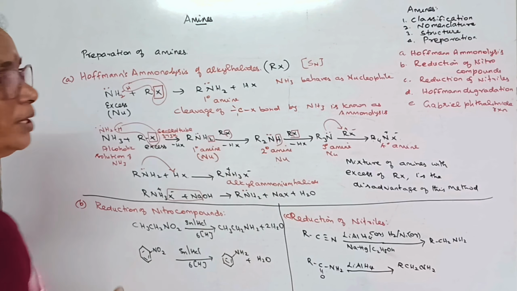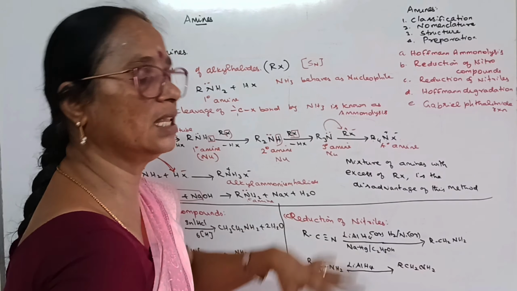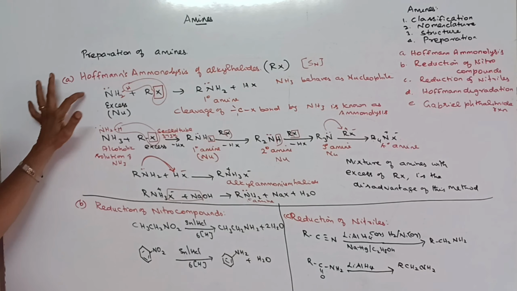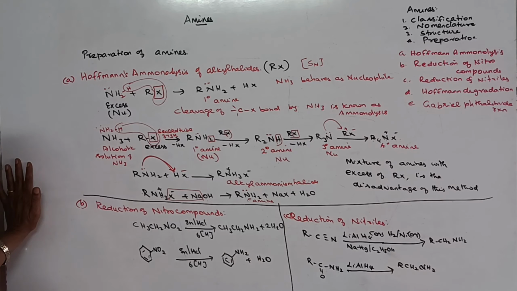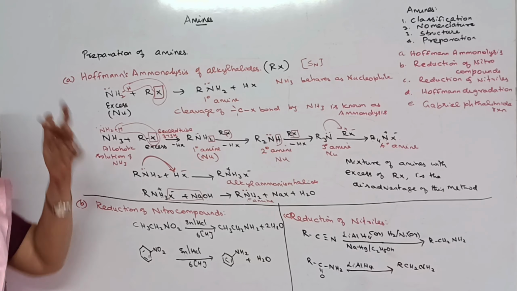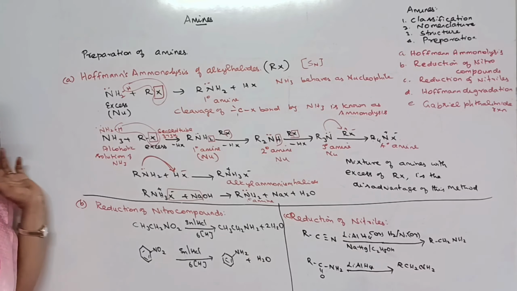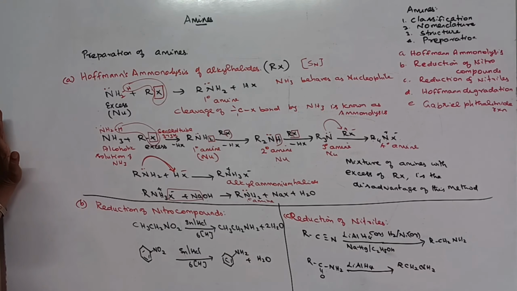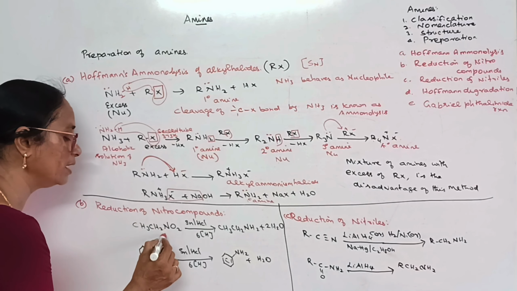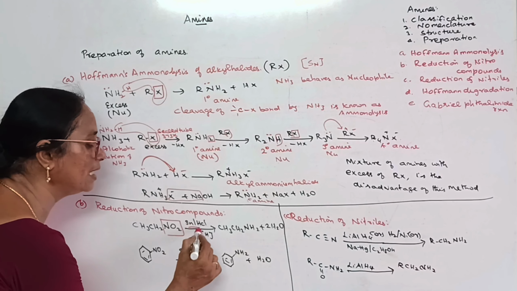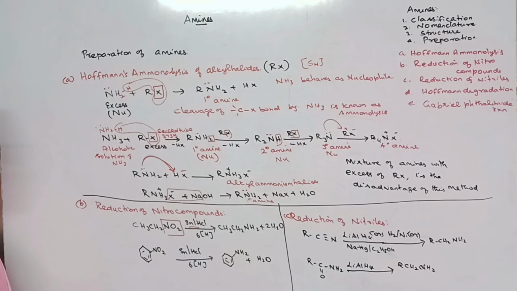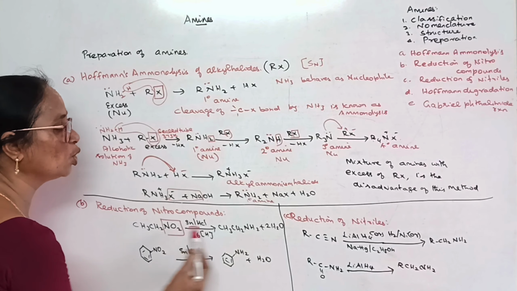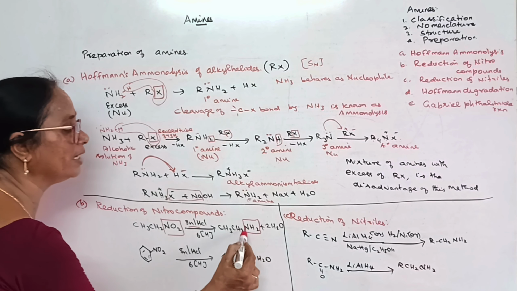So we can prepare either a primary amine or even a mixture of amines, depending on the reaction conditions. The next one, reduction of nitro compounds, which we already discussed in nitroalkanes and nitroarenes. If the nitro compound is reduced by a metal and acid as reducing agent, then the NO2 group is completely reduced to the NH2 group.